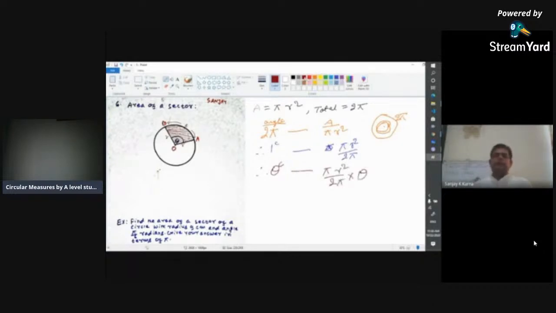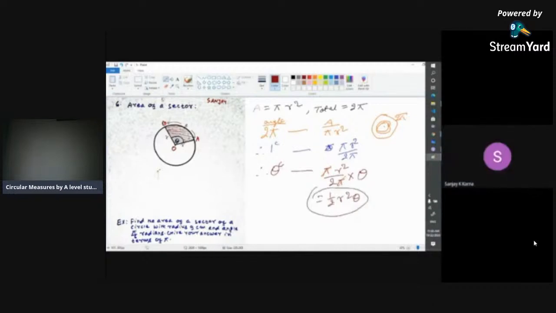Now cancel the like terms. Here pi and pi cancel out, so that equals half r squared theta. Theta is the angle that makes the sector of the circle AOB. Therefore, the area that we obtain here is the area of this sector.